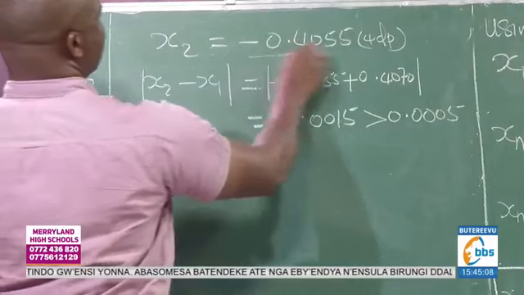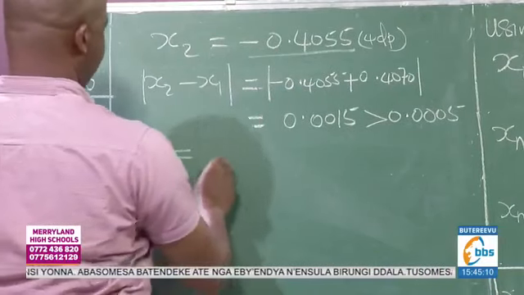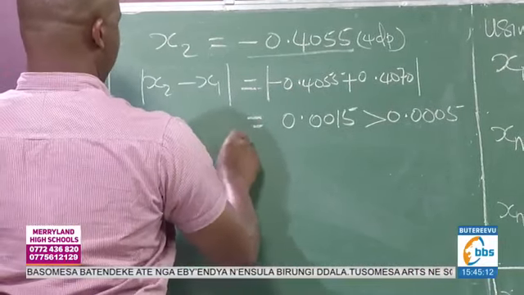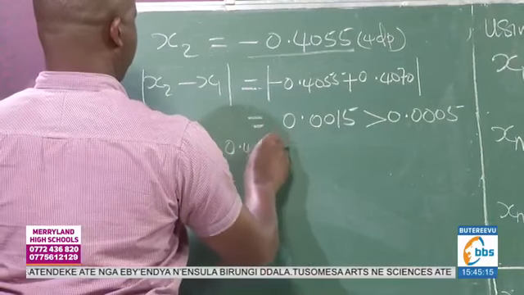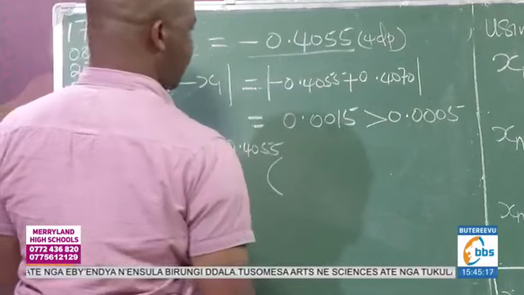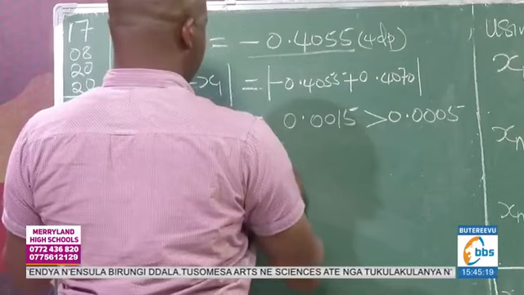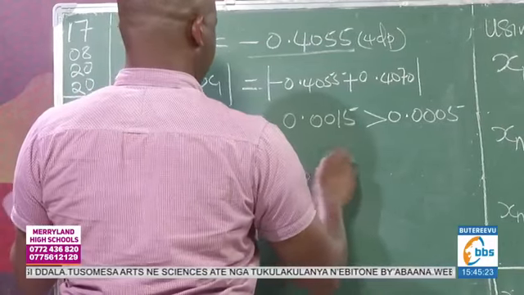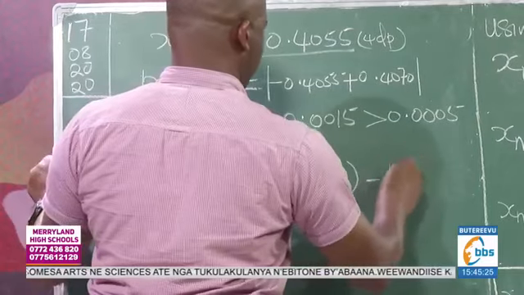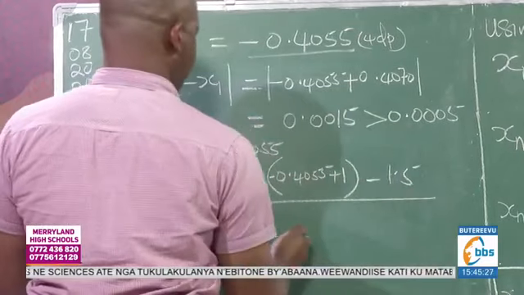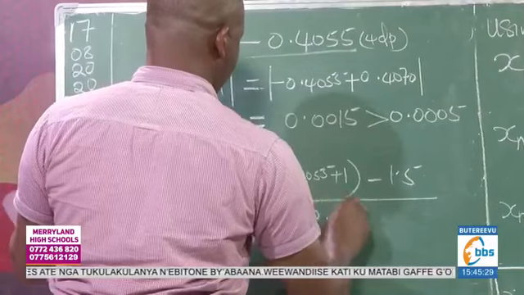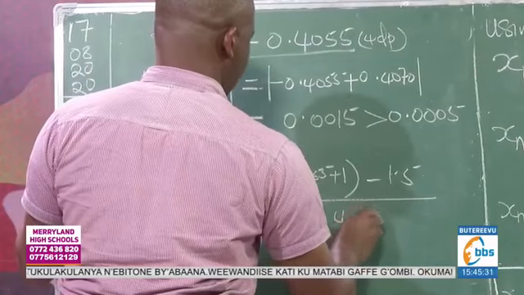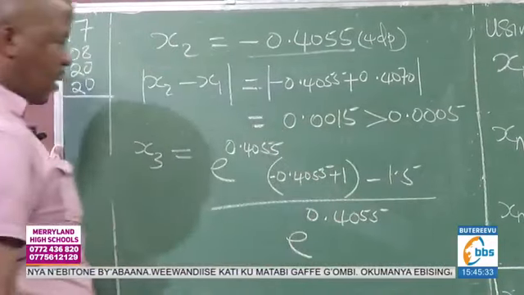We feed in this, and we have our e to the 0.4055 into our 0.4055 plus 1 minus 1.5 all over e to the 0.4055. The negatives die out.